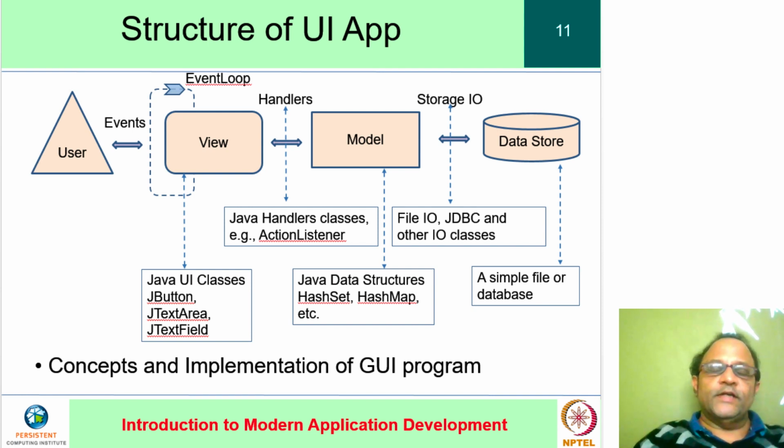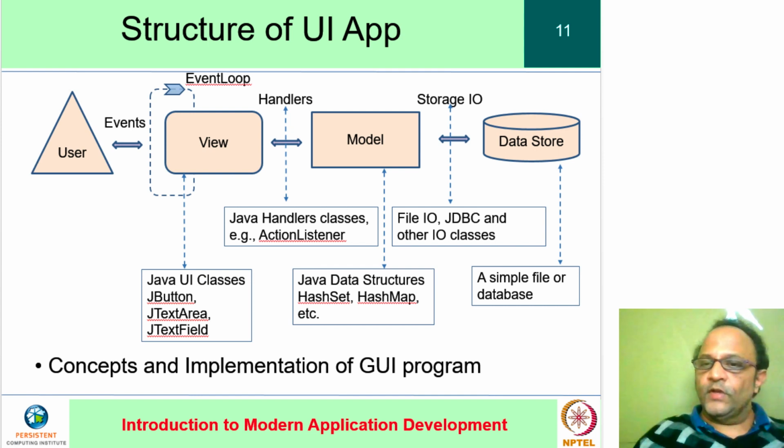The model for the kinds of systems that we are looking at is simply data structures like HashSet and HashMap, and of course any other classes that you might wish to design and use for computation. The storage IO part is handled by FileIO, JDBC, and various other IO classes, some of which you have already encountered in writing the command line application. And the data store for our use case is just a simple database and file.